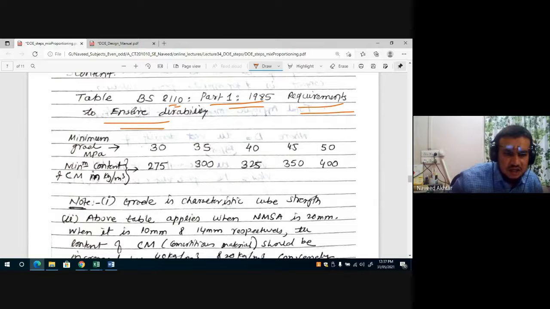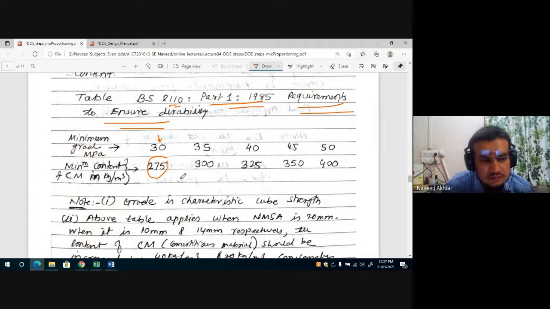So you can see here, if your grade of concrete is M30, the minimum cement content should be 275.